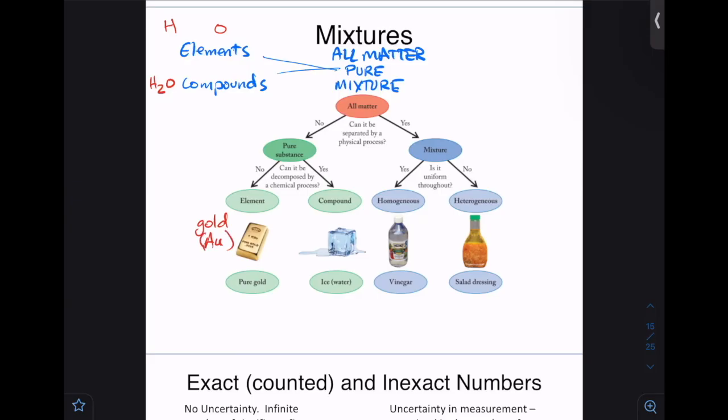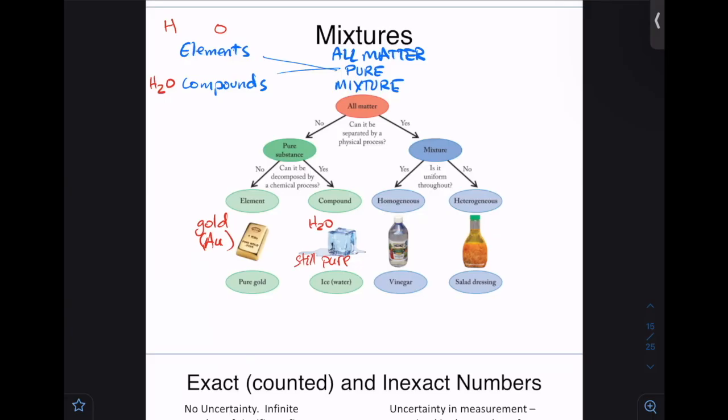And you'll be learning soon enough where to find all of these on the periodic table as well. Okay, so this is H2O, but it's still pure. There's nothing else there.